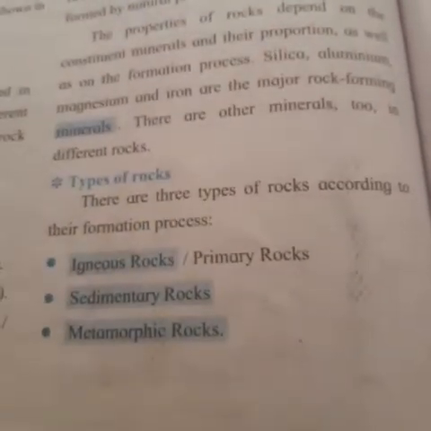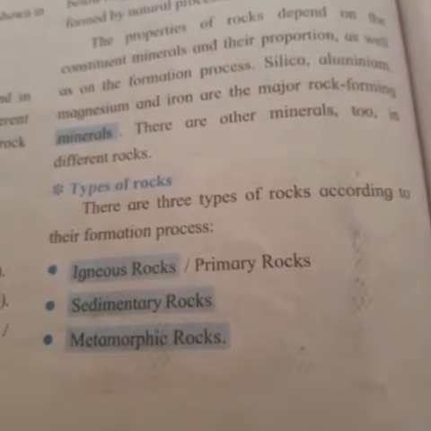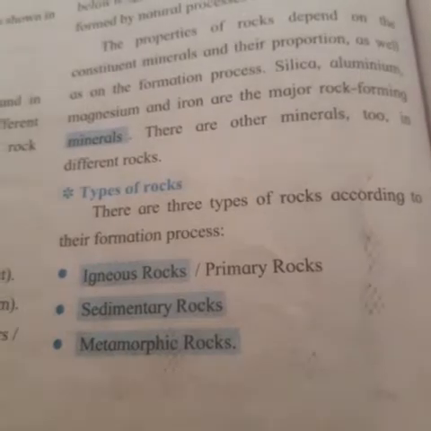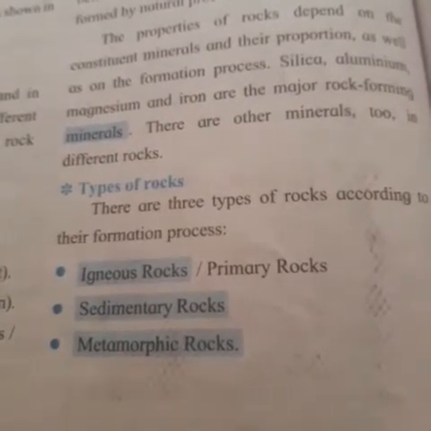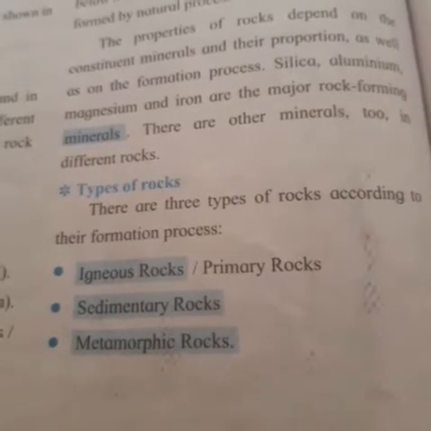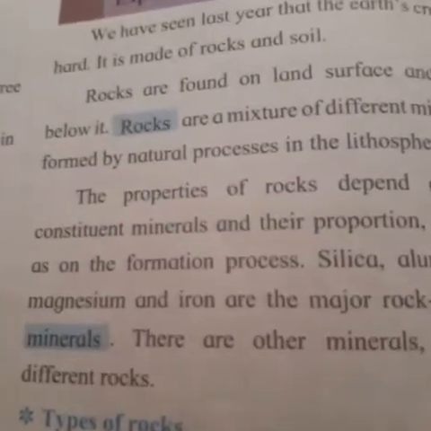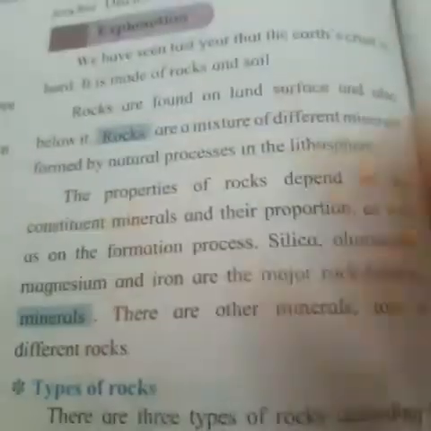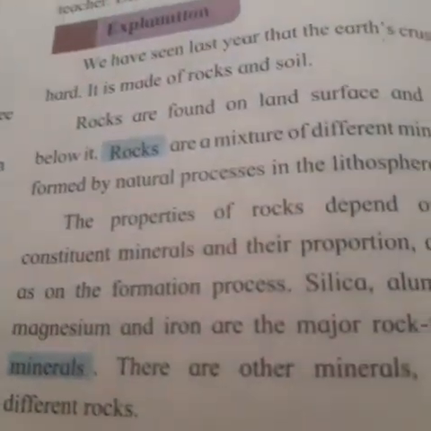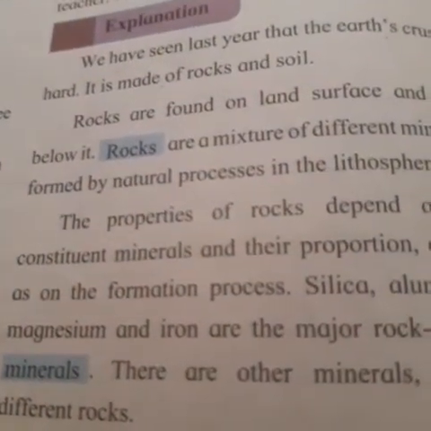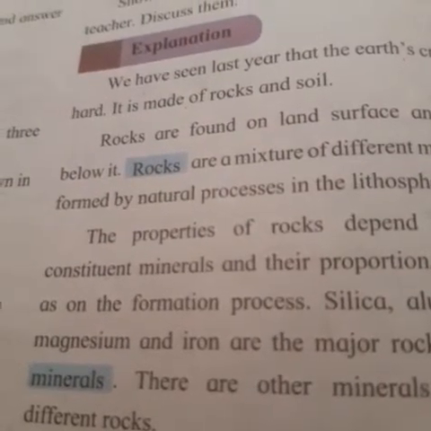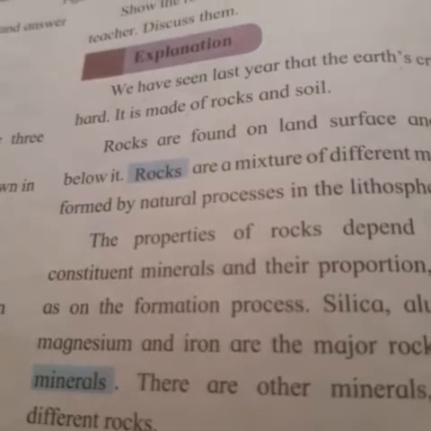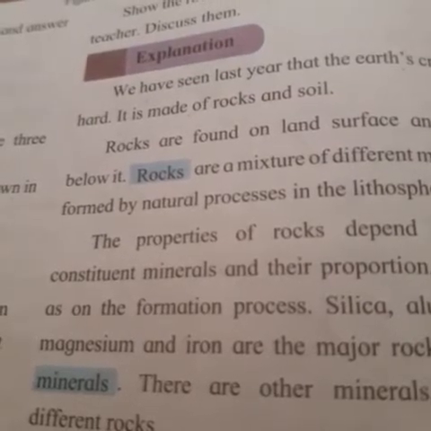Now there are three types of rocks according to their formation process: igneous rocks, sedimentary rocks, metamorphic rocks. Over here they have explained in this paragraph that, as we all know, we studied the earth's crust in detail. It is made up of rocks and soil.